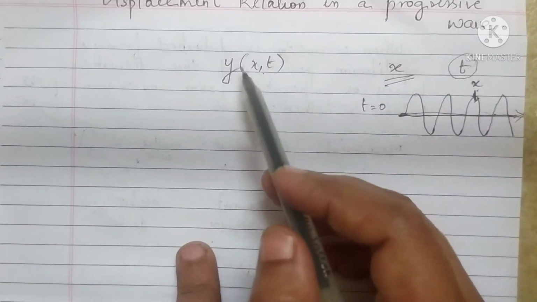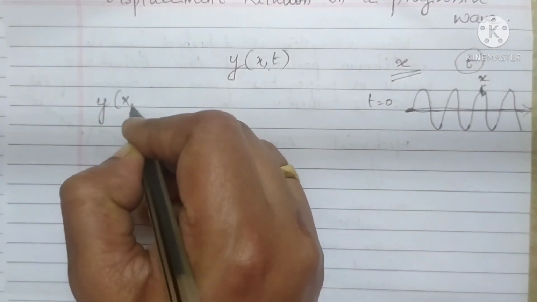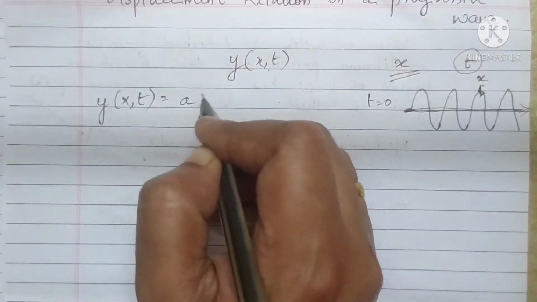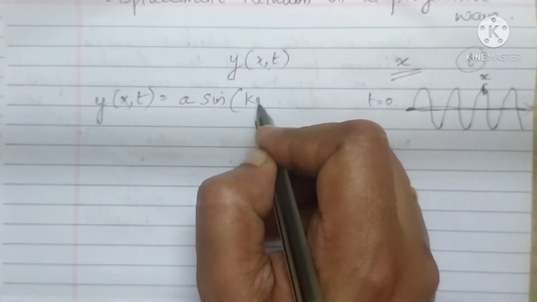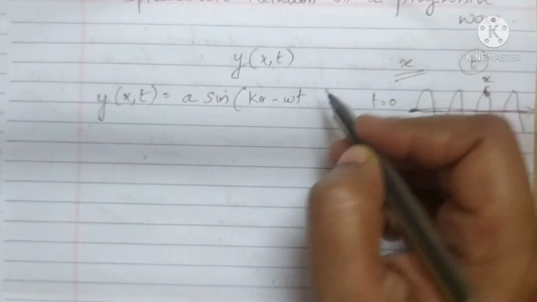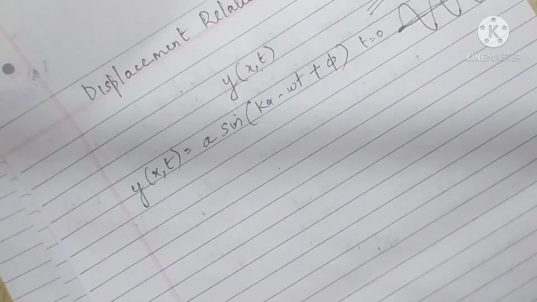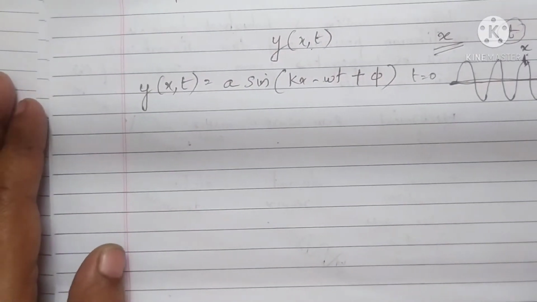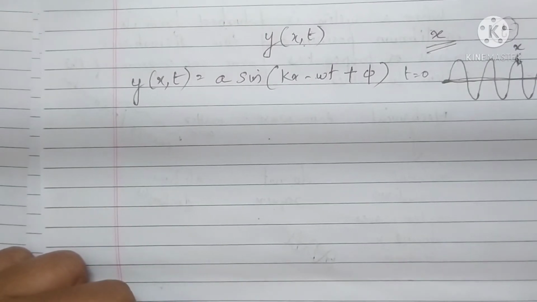This displacement is given by a relation like this, that is y of x,t is equal to a sin(kx - omega t + phi).